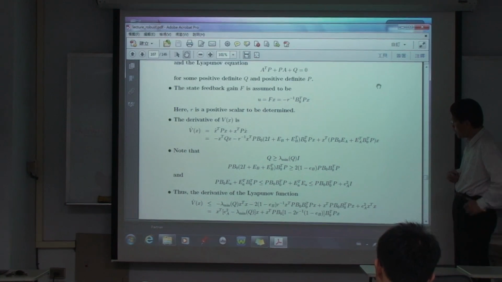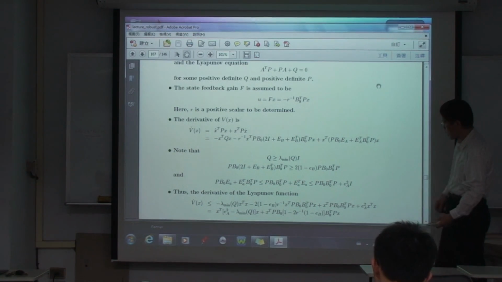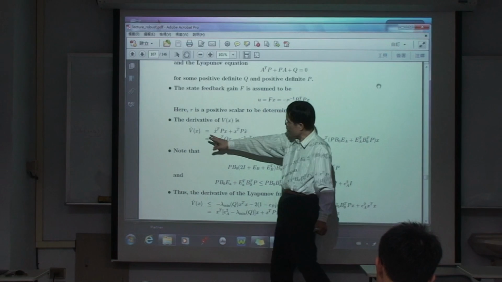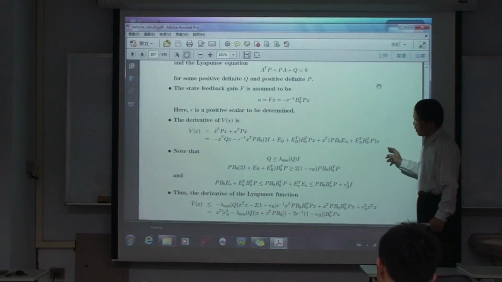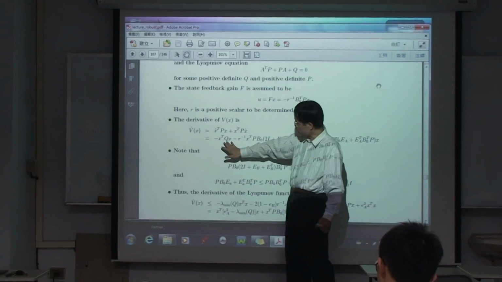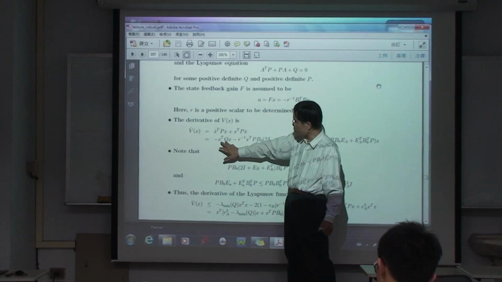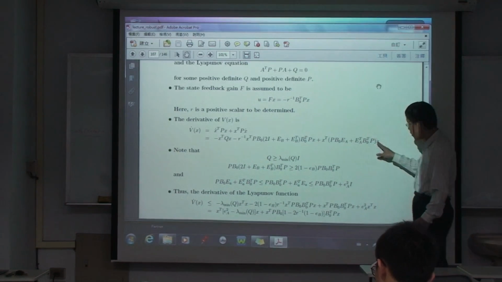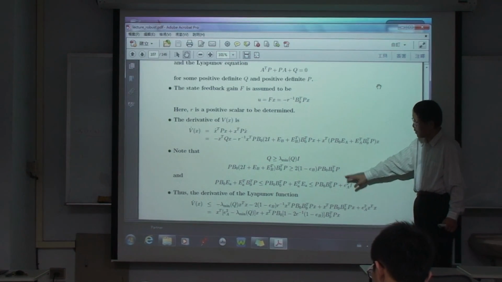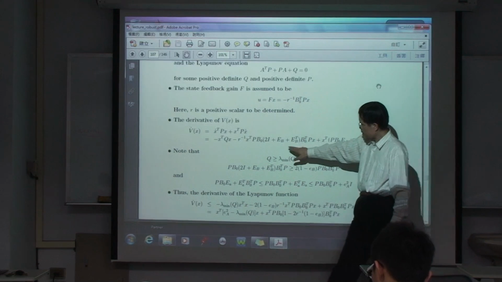But one important notice is that here I hope this term to be less than 0. So for this, I look for a lower bound of this term, but here I have to look for the upper bound because there's a positive sign, and there's a negative sign.